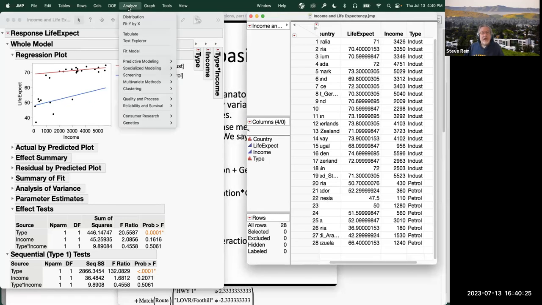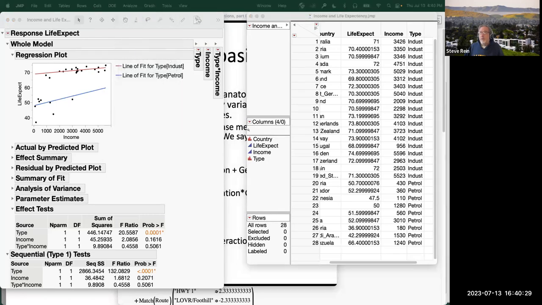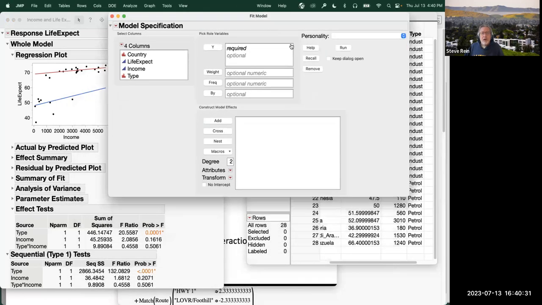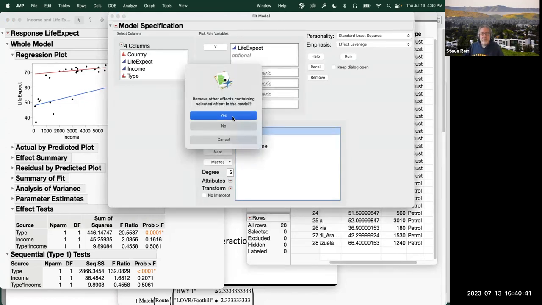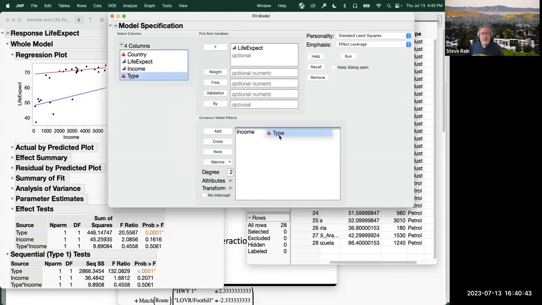If I were to change the order here, I'm going to fit the model one more time. I'm going to recall. Okay, so I had type first, income second, then the interaction. I'm going to go ahead and have income first, then I'm going to put in type, and then a type income interaction afterwards.